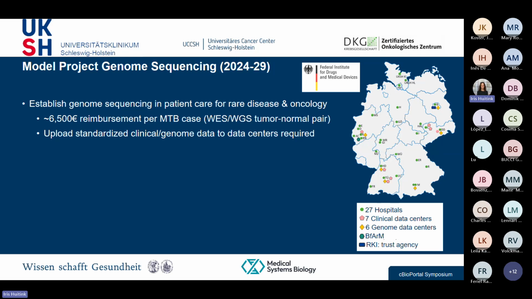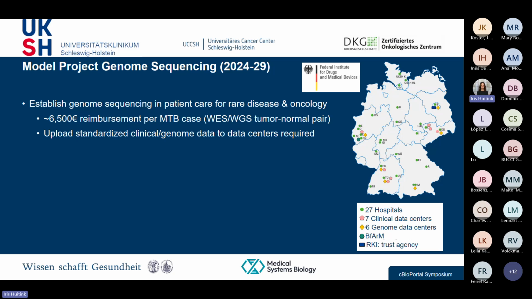the model project genome sequencing that is currently running in Germany. The idea, funded by the Federal Institute for Drugs and Medical Devices, is that you should get precision medicine into the clinics and patient care for rare diseases and oncological diseases.